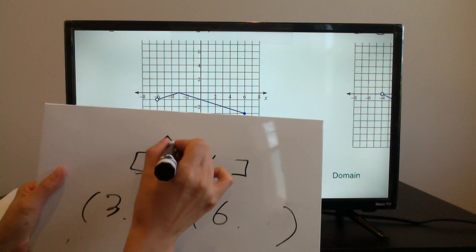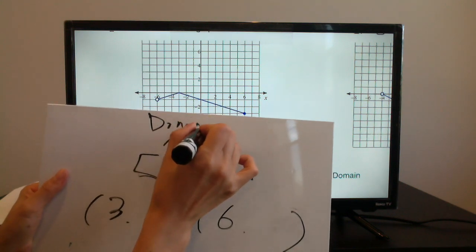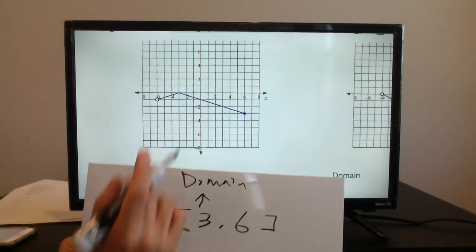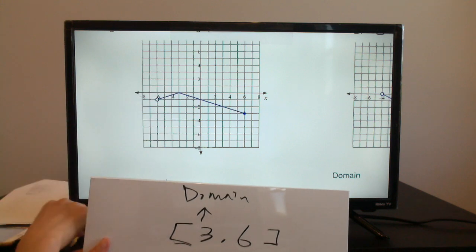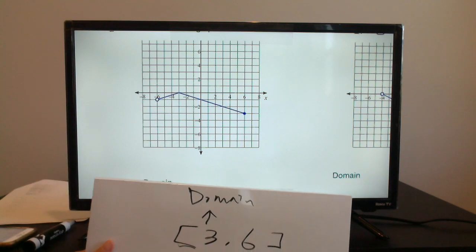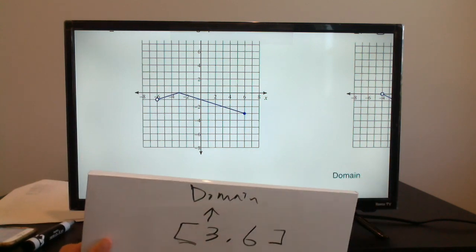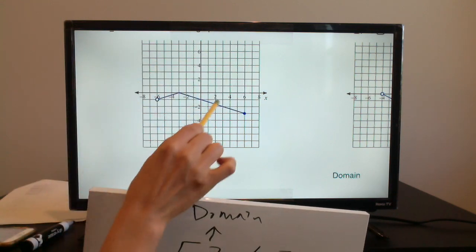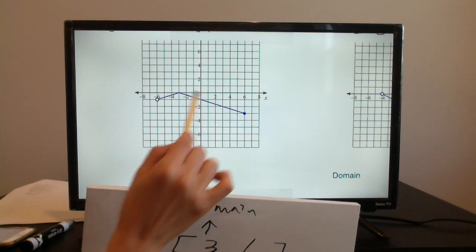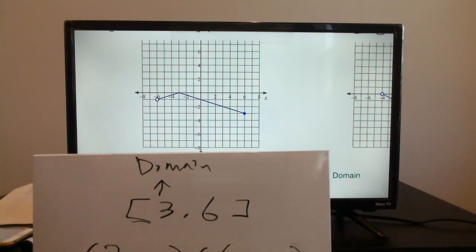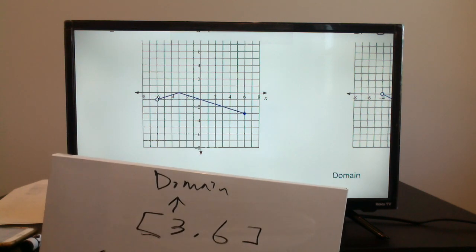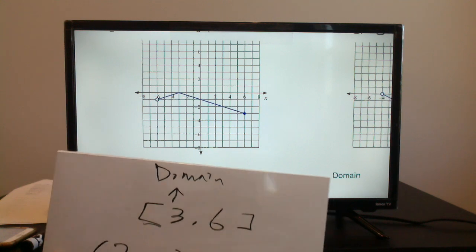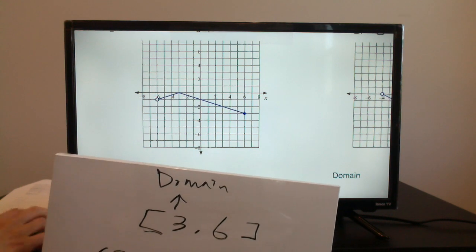This is the domain, right? It means from where to where. So 3 to 6 is right here. So 3 and 6 here, we need to find the average rate of change over the interval 3 and 6. That's what we are doing right now.